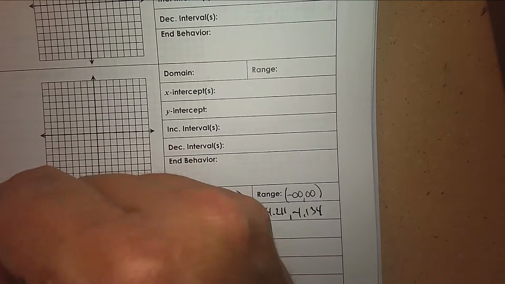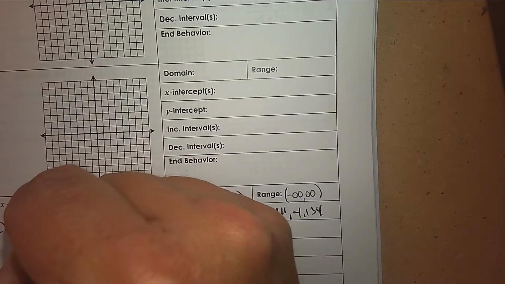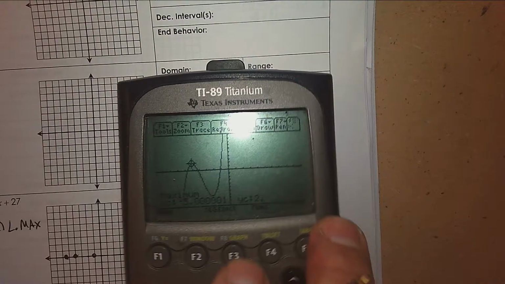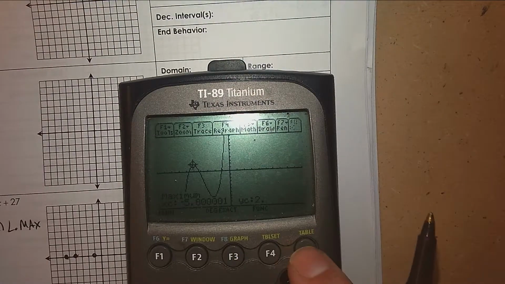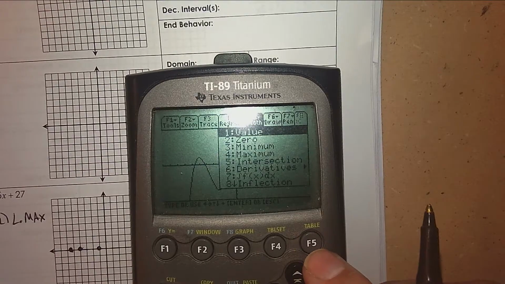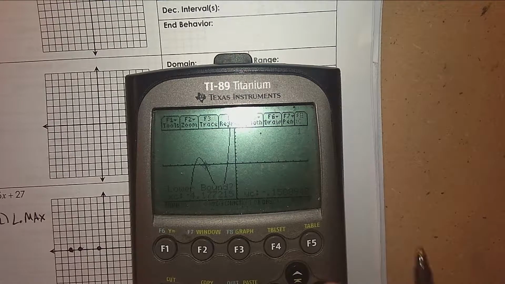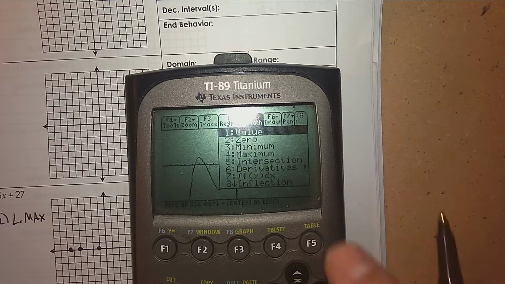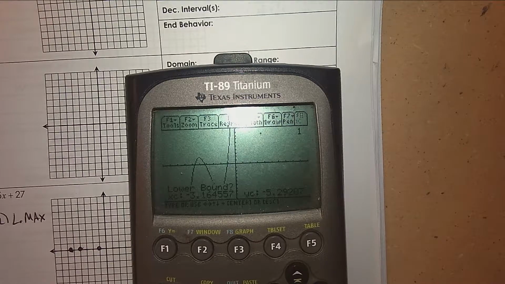So if I go to math and I go to maximum, move the cursor to the left and then press enter, move it to the right and press enter, and one turning point is at negative 5 and 2. So what do we call negative 5 and 2? We call that a local maximum. The other one, again, I'm going to press F5, go to minimum, and I'm going to move the cursor to the left, press enter. I'm going to move it to the right. Oh, let's try that again. So F5 minimum, left to the right.